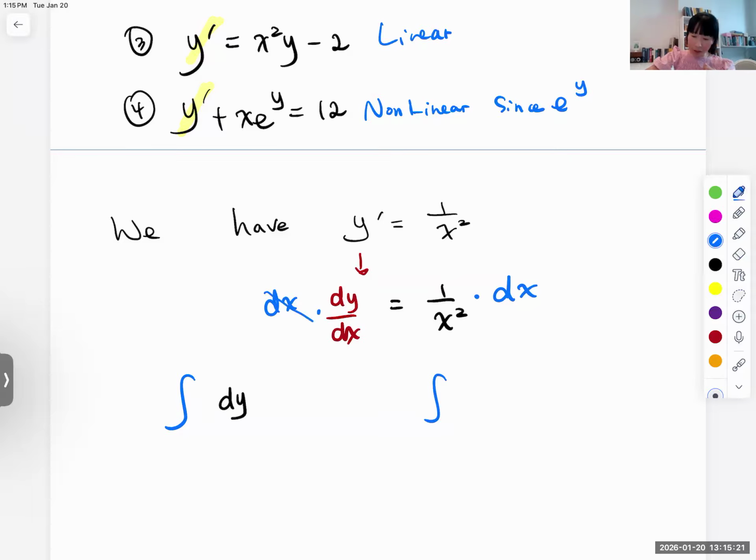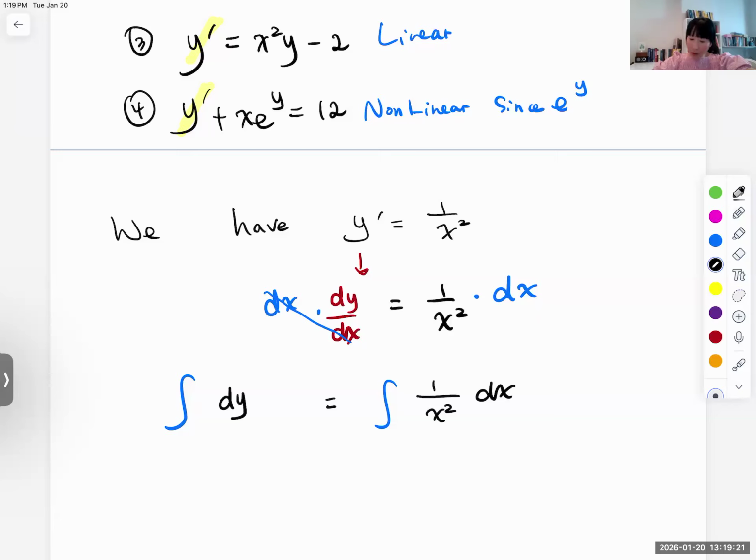Then we can simplify: we have only dy on the left side, equal to 1 over x squared dx on the right side.